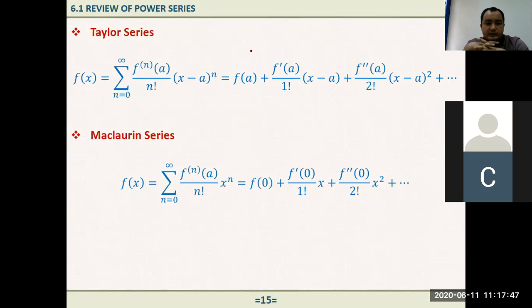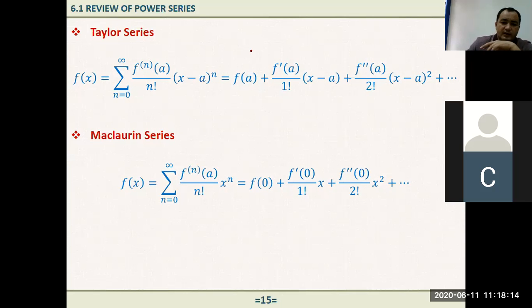So some series, as you know, you must have studied in Calculus 3, Taylor series and Maclaurin series. Okay. So if you're talking about a function which is infinitely many times differentiable, these functions we can expand into a Taylor series.